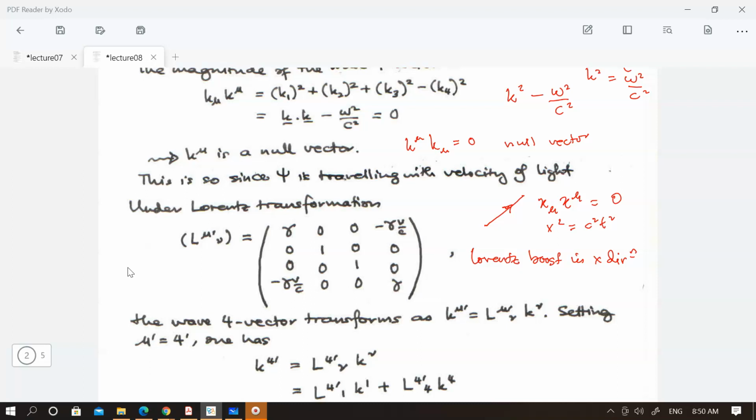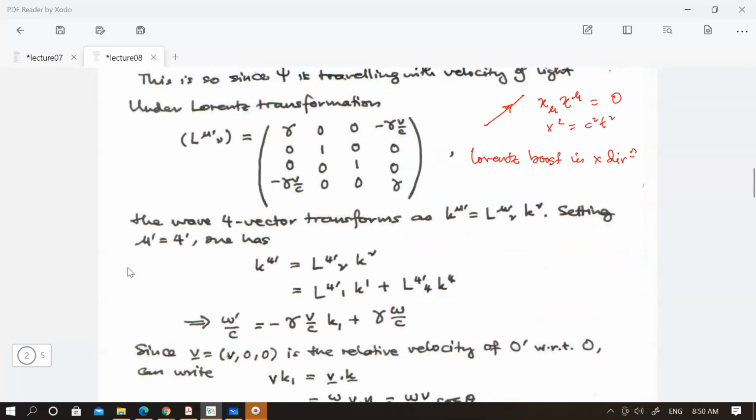So let's see what happens to the wave vector itself. In this particular case, let's look at the fourth component. Your k4 dash will be transformed according to L4 dash nu k nu.